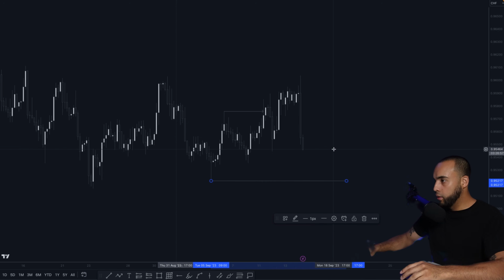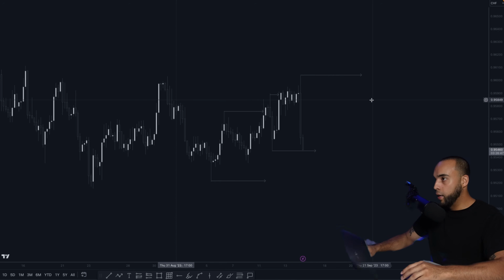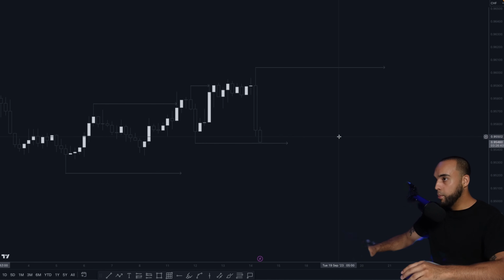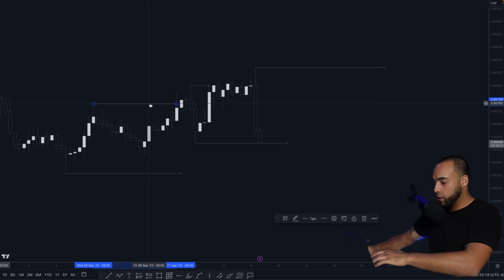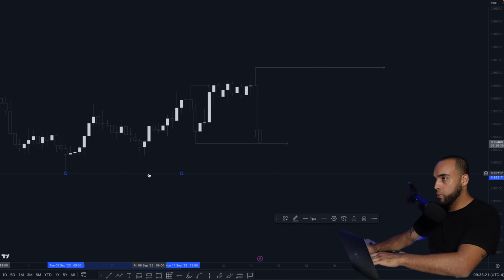Oh, sorry, I missed one. Structure high, structure low, structure high, low, higher high. So as far as right now, I can see that we were in an uptrend. This is the most recent range here. We were in an uptrend.